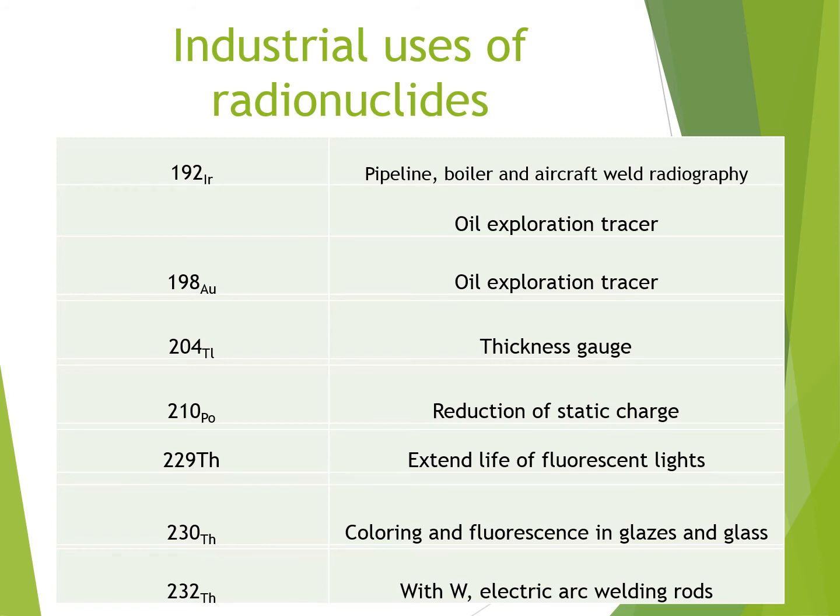Then we have the isotope of gold, AU198. It is also being used as oil exploration tracer. Then we have thallium 204, TL204, and it is also used as a thickness gauge.